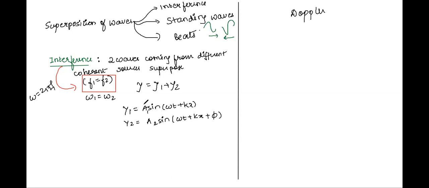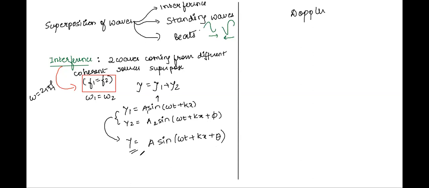When you add these equations, whatever final displacement you get, you can write as y is equal to A sine (omega t plus kx plus theta). This is the net displacement when you add y1 and y2.